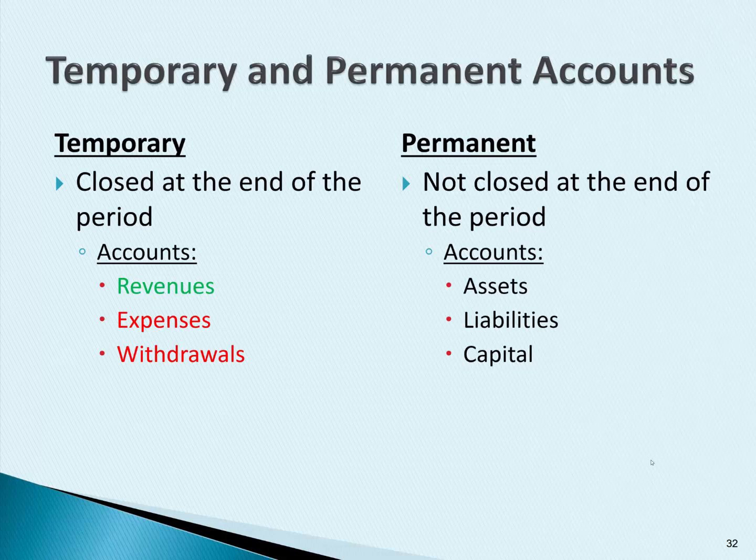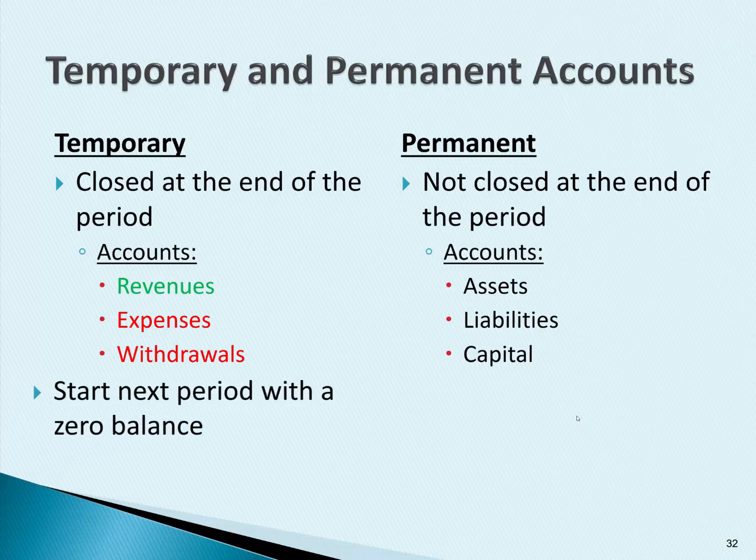Another way to remember which accounts are permanent is to recall that all accounts on the balance sheet are permanent accounts because they are part of the accounting equation. Of course, the accounting equation is assets equals liabilities plus capital. Temporary accounts would start the next period with a zero balance because they've been closed.